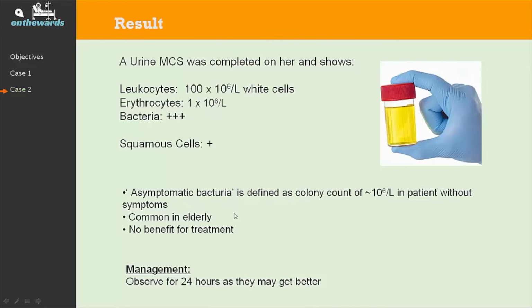Well, this is important to treat in pregnant women and those undergoing urological procedures, because they have an increased chance of developing a urinary tract infection and also a resistant organism, and having complications such as for the fetus itself. So in those instances, you would treat if they're having asymptomatic bacteriuria.